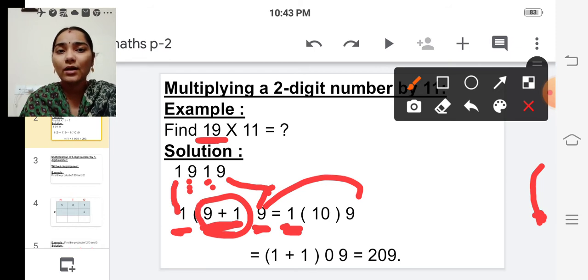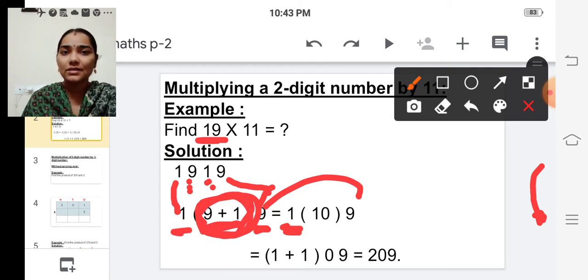So 9 plus 1 also you have to write within the bracket. Then only you can separate it. So 9 plus 1 is 10. Again 10 is a 2-digit number, isn't it? So you have to write this 10 within the brackets in the middle.